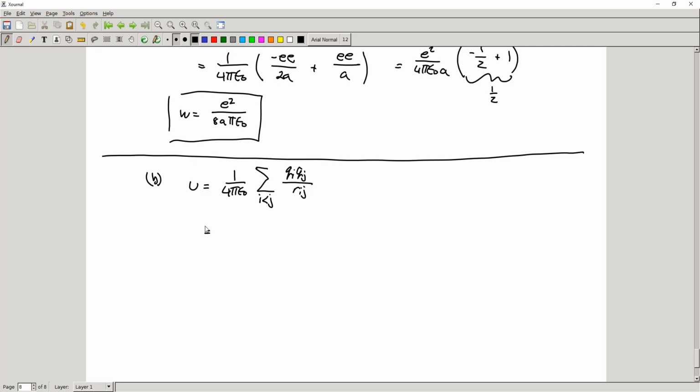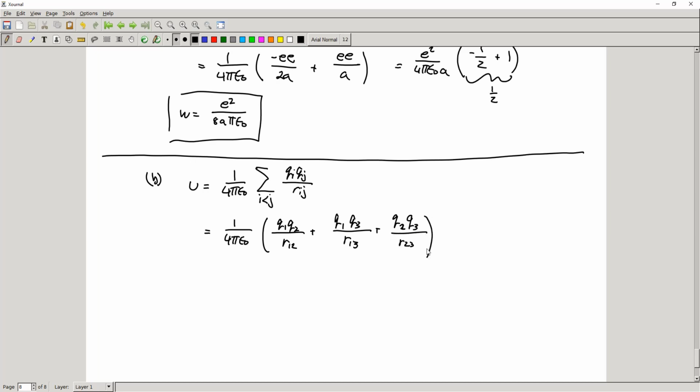And what does this mean, really? Well, this means that we need to look at each of them. So we're going to have 1 over 4 pi epsilon naught, and now look at each pairing. We have Q1 and Q2 can be paired. That'll be R12. Plus Q1 and Q3 can be paired. That'll be R13. Plus Q2 and Q3, R23.